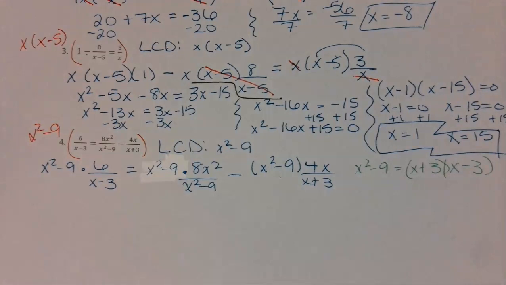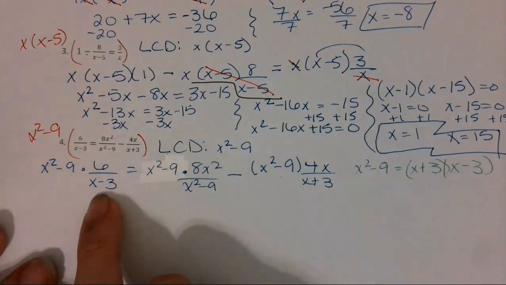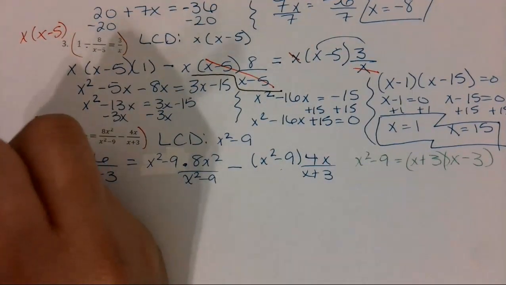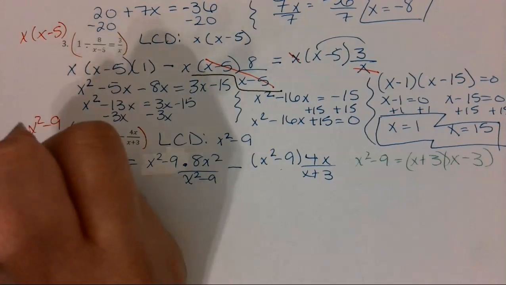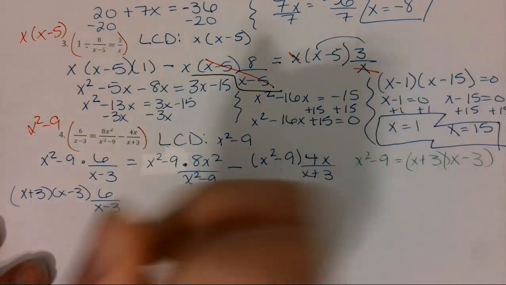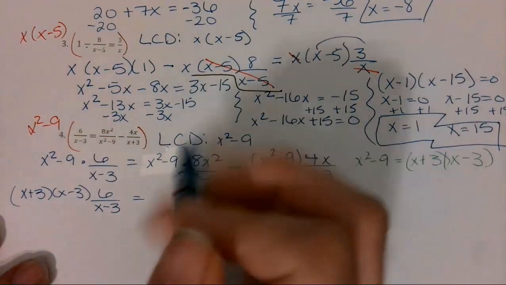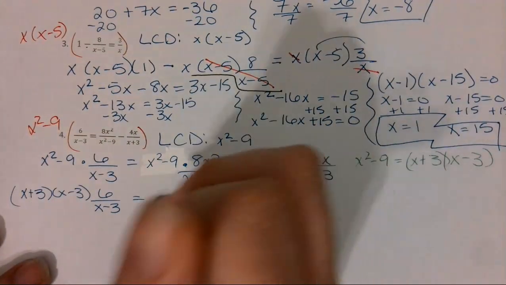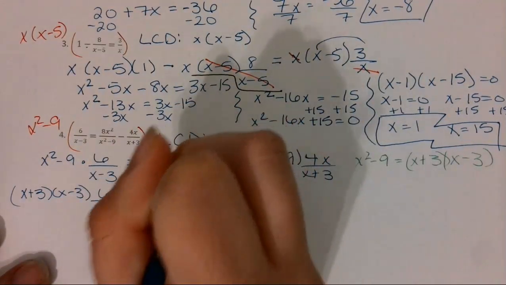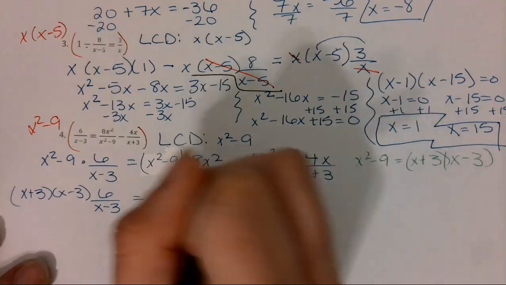So on my first term, I really have x plus 3 times x minus 3 times 6 over x minus 3. Over here, I'm not going to rewrite that because it's going to cancel out, so I'm just going to leave that as it is. I should have written that in parentheses.